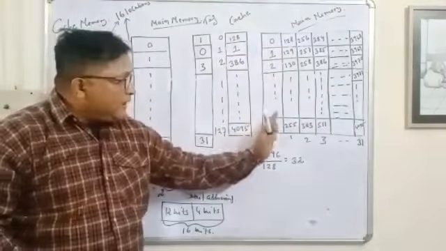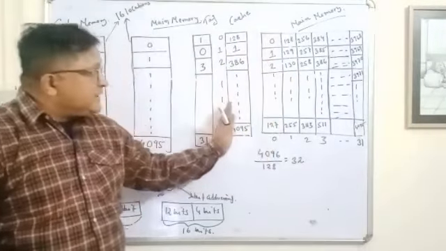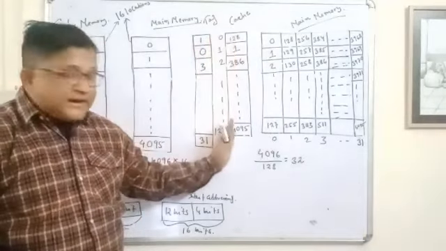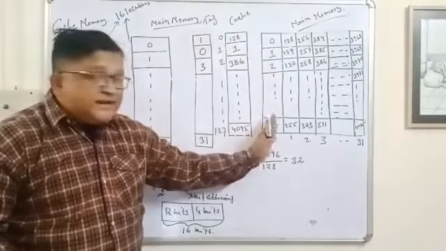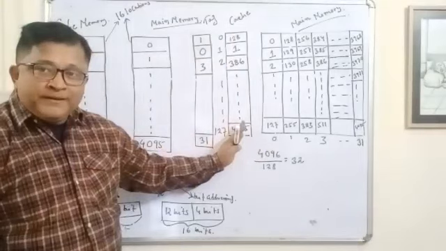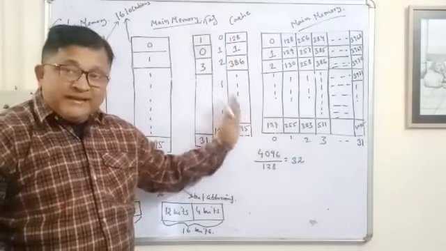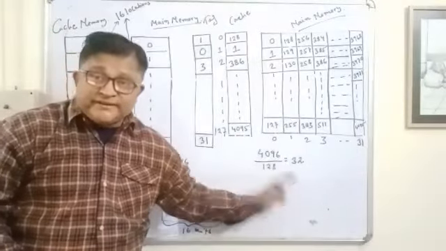Each segment of the main memory should have 128 pages, and in this example the cache memory has 128 frames. So the number of pages in each segment should be equal to the number of frames in the cache memory so that they can be compatible. For this reason it is divided into 32 segments.